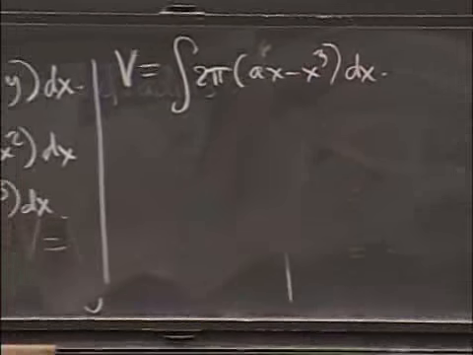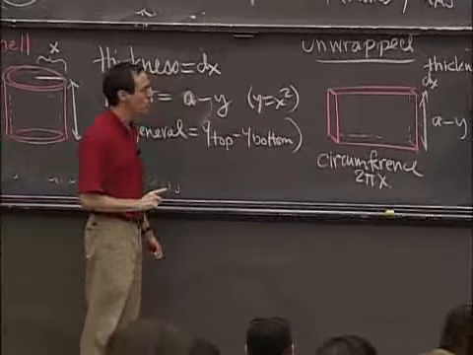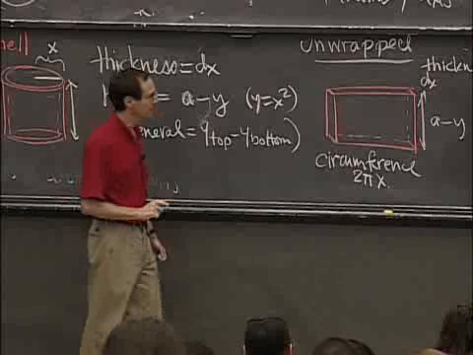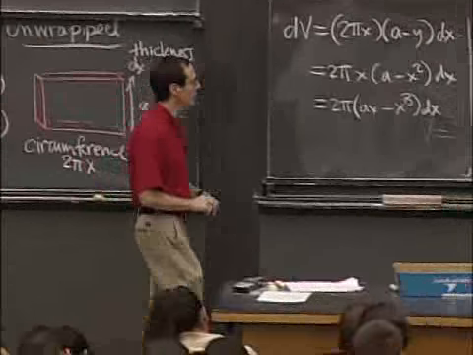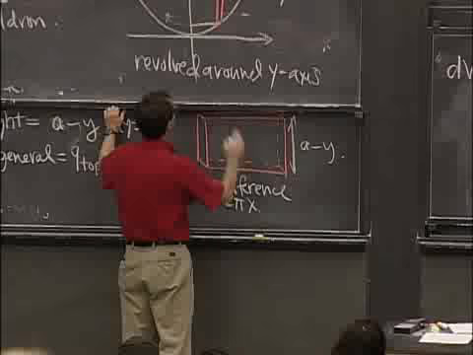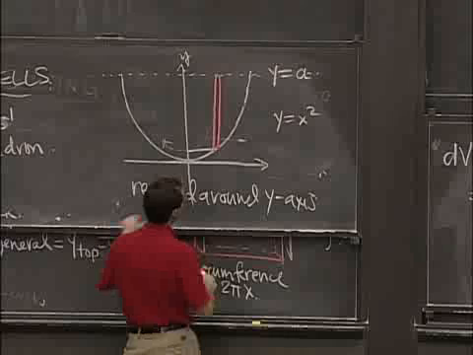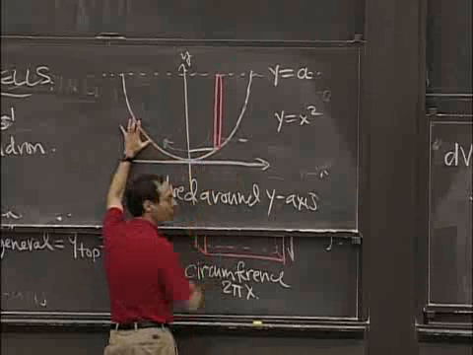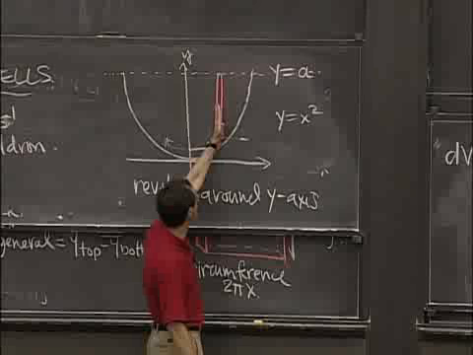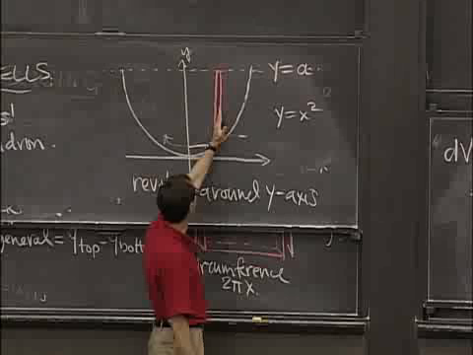And now I have to pay attention to what the limits are. Now, here you have to be careful. You always have to go back to the 2D diagram. I went to it immediately, but that's the whole point, is that everything gets read off from this diagram here.